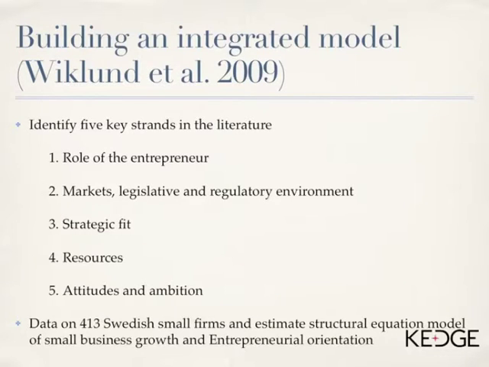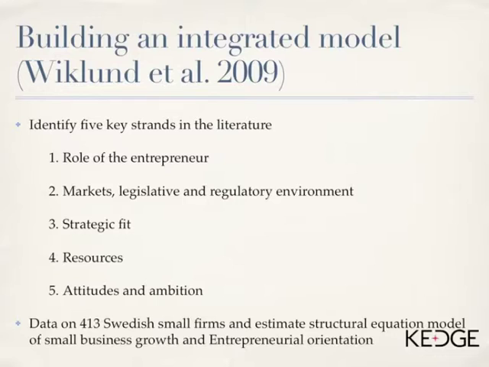So at this point in time, how can we have a go at building a truly integrated model? Wiklund et al. in 2009 have had a go. They went back to the research and subsequently identified 5 key strands from the literature that they argue are crucial for high growth development. First of all, they identify that the role of the entrepreneur is important.